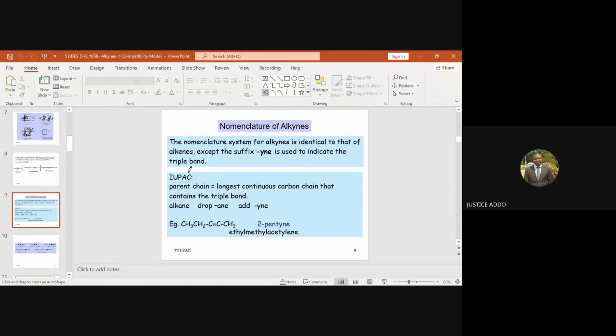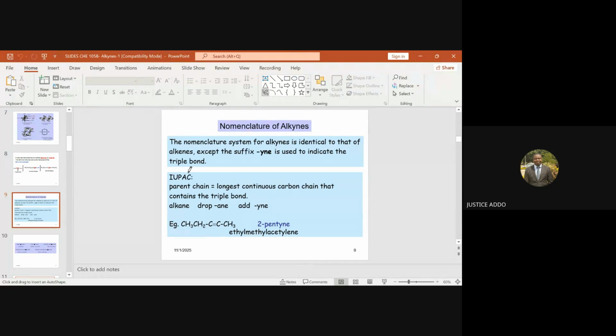So if I give you a carbon chain of 6 with a triple bond, then that will be what? Hexyne. 7 heptyne, 8 octyne, 9 nonyne. So the first 20 alkanes I asked you to learn still hold here. Because if you know the number of carbons, then it is easier to generate the parent name of the alkyne from it.